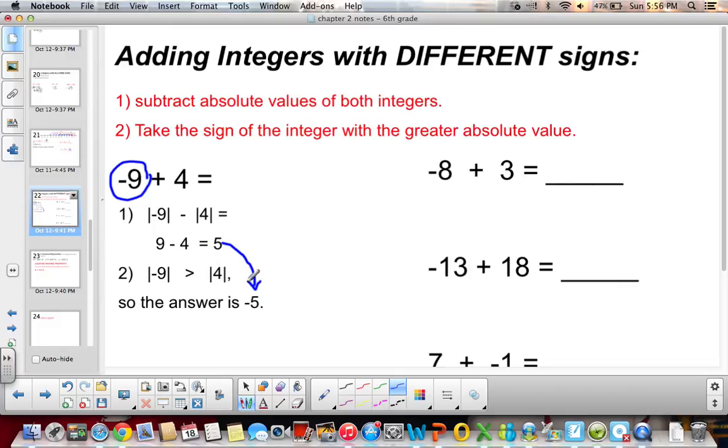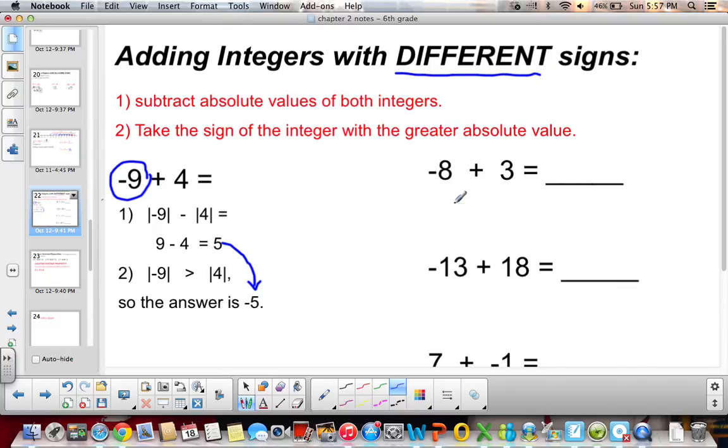Okay? So I know that's confusing, but basically, again, we're dropping both signs, taking the larger number and subtracting. 9 minus 4, we get 5, and then we look back up and we see what number is larger and take that sign.